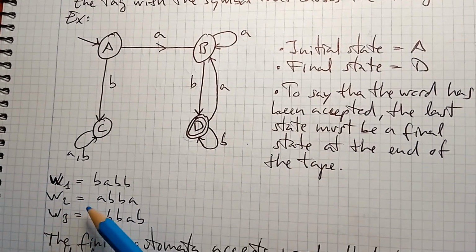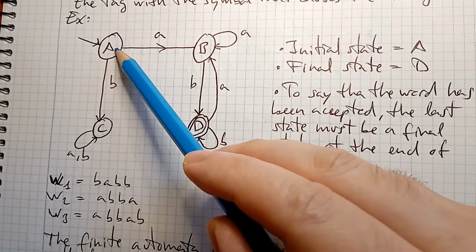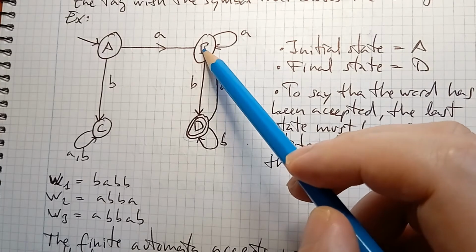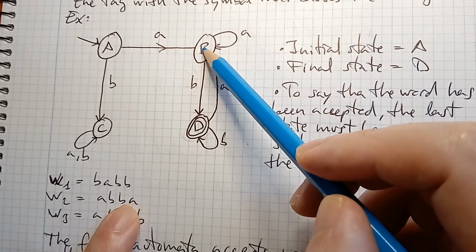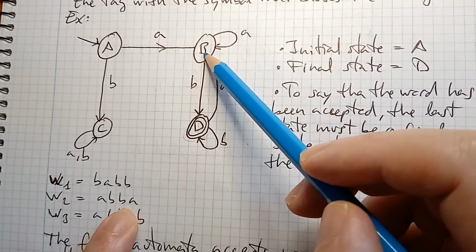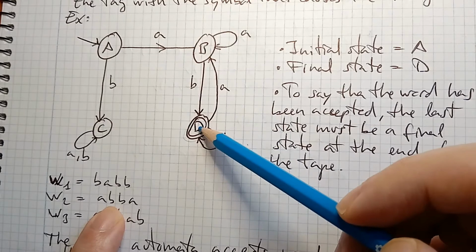The second word begins with A. We begin at the start, A. From A we go to B. Then another B. From A we go to B and we arrive at the final state.